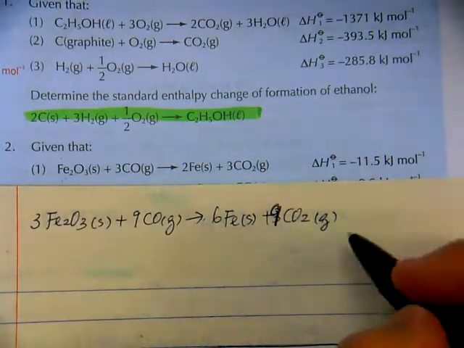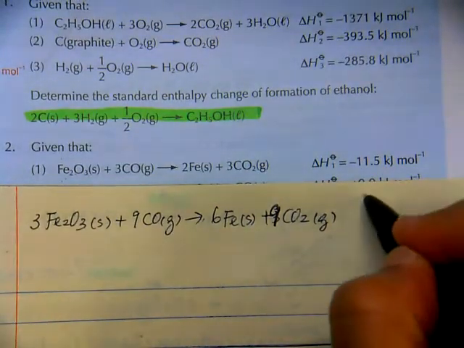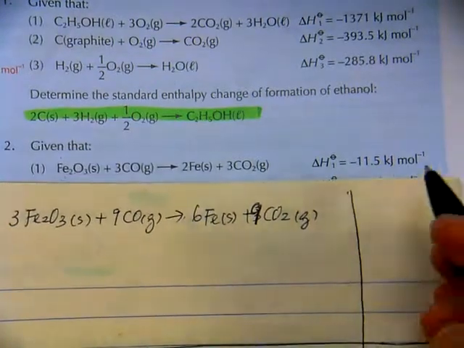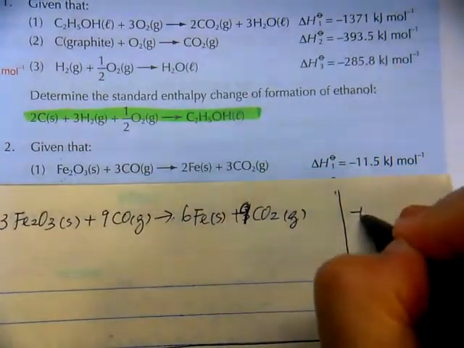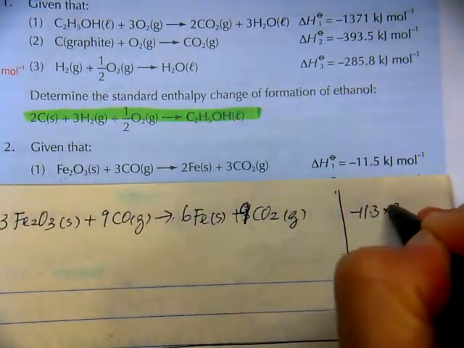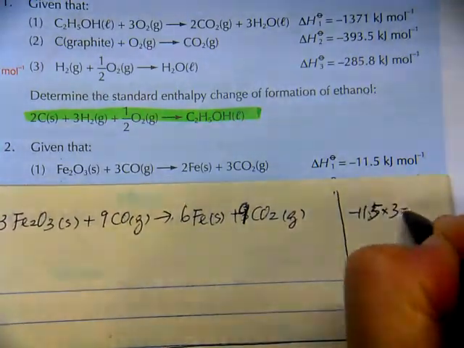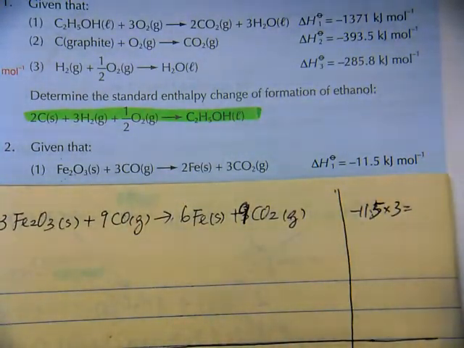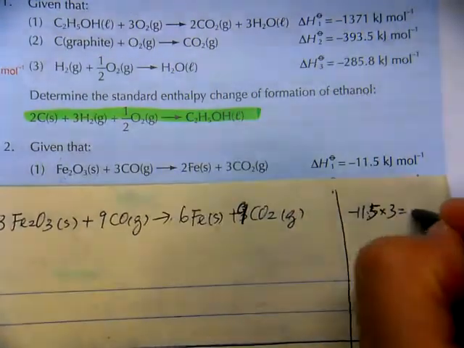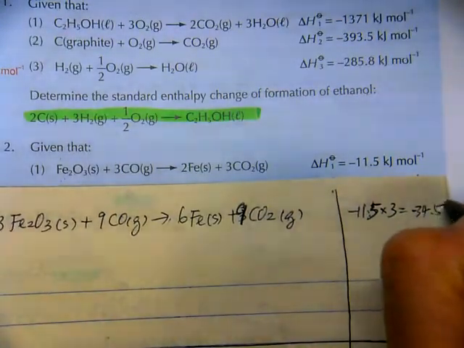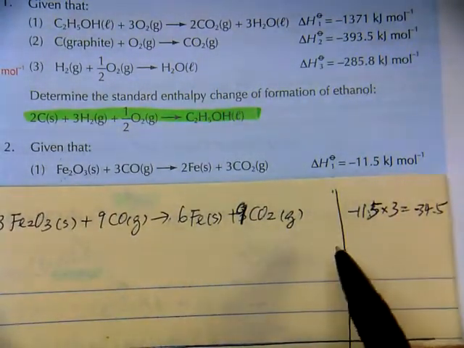In multiplying the whole equation by 3, bear in mind the delta H needs to be multiplied by 3. Next.